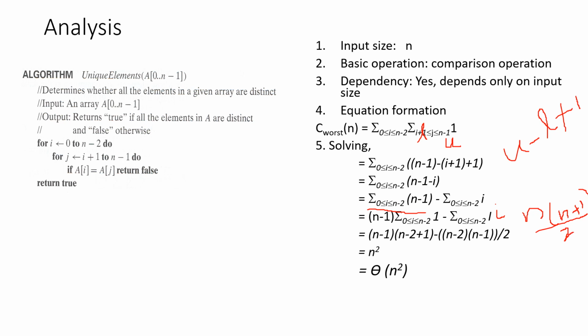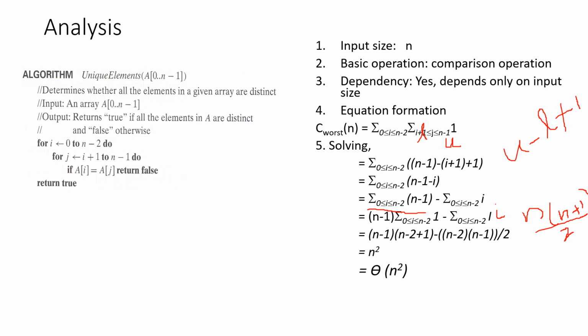It is n minus 2. So n minus 2 plus 1 becomes n minus 1, by 2. So when you simplify this, you'll get n squared. You need not simplify till the end. Anyhow, the upper power is going to be n squared. The maximum value can be taken because we are going to find only the worst case. Thus, the complexity of this algorithm becomes theta of n squared.